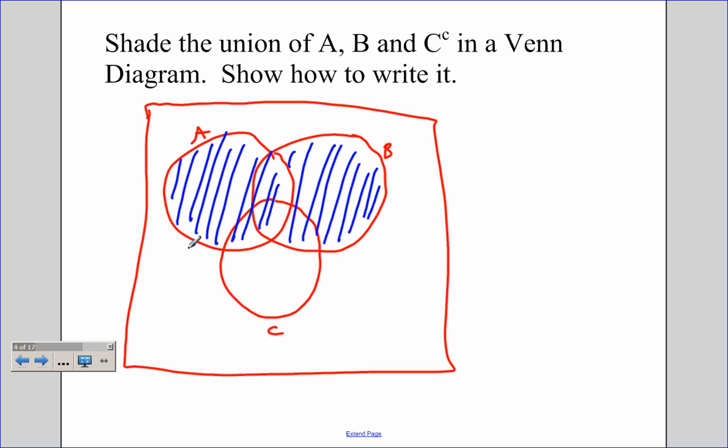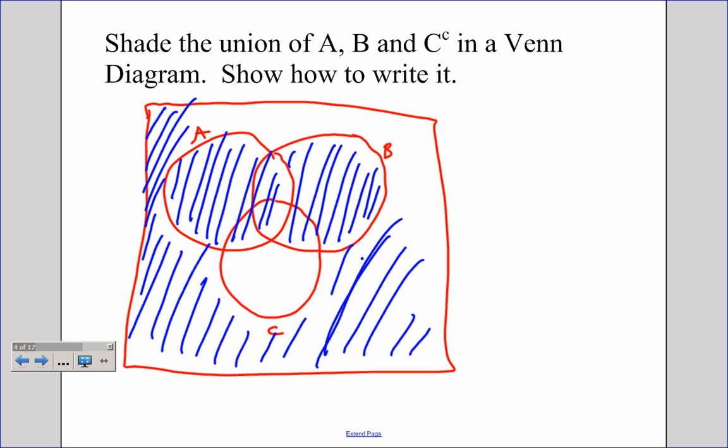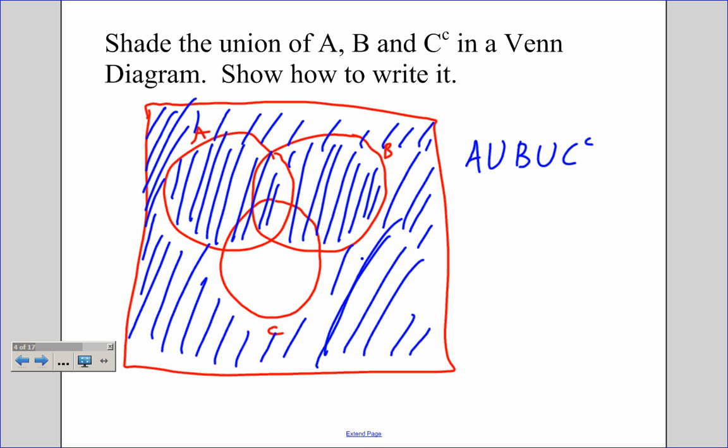And everything in C complement, so that's everything outside of C, will be colored in. I could have made my box a little smaller. Everything except for this section will be colored in. That is the union of A, B, and C complement, and how I write that is the union of A, B, and C complement.